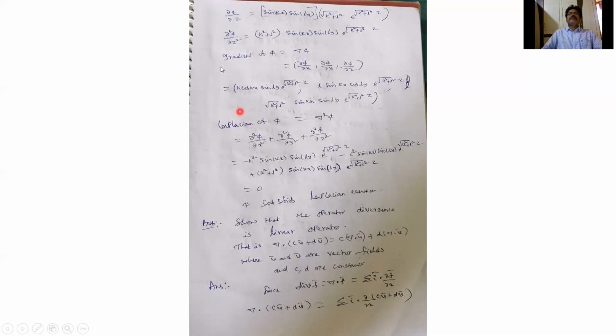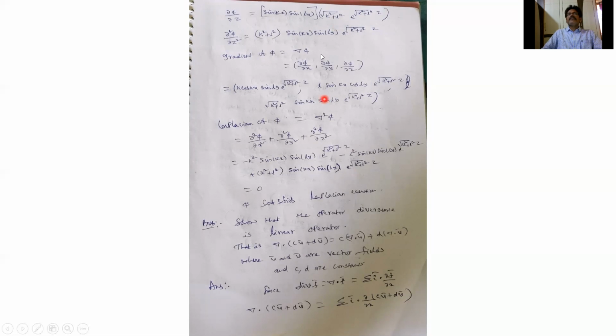And ∂φ/∂z. For ∂φ/∂z, sin kx and sin Ly are constants, that's why I have written them outside. And we know that e^(√(k²+L²) z) is like e^(az), where a is the constant √(k²+L²). The partial derivative of e^(az) with respect to z is a into e^(az).